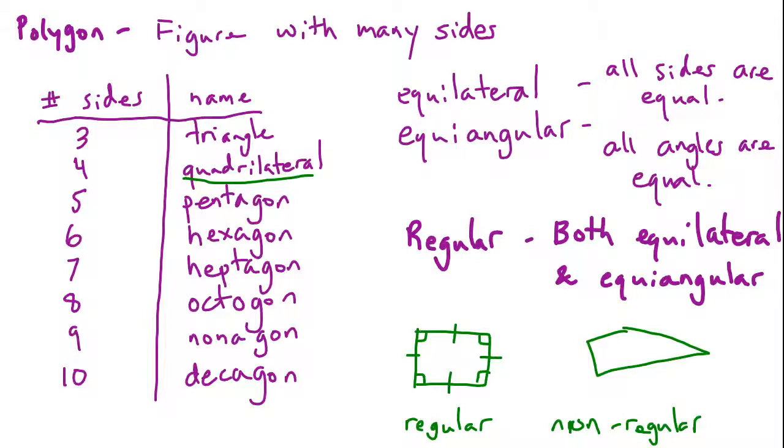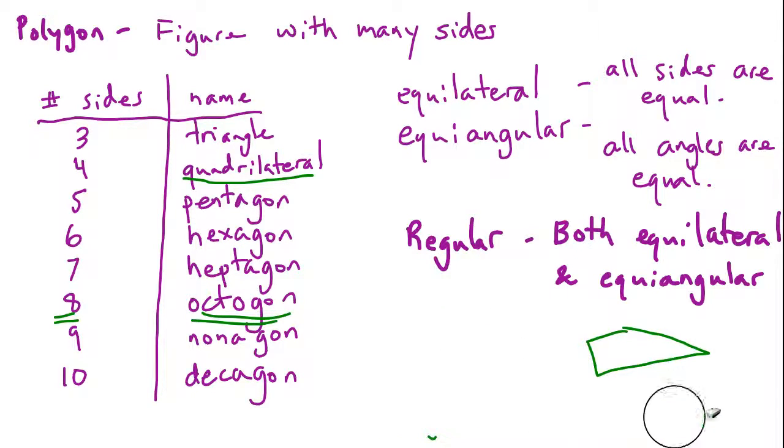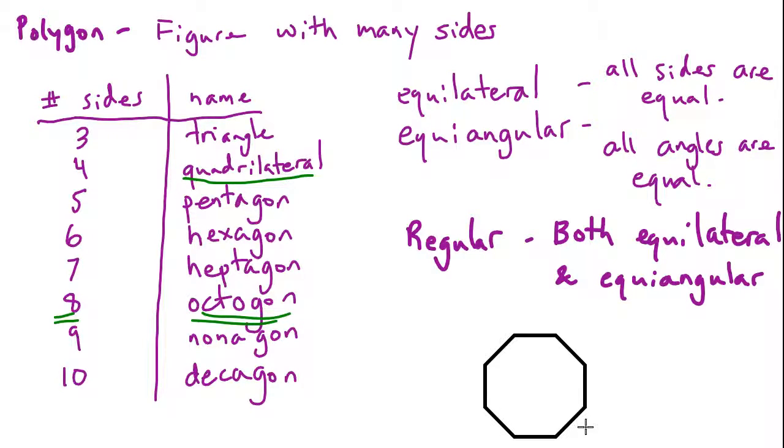Okay. Can you picture what a regular octagon would look like? Let's see if I can bring one up here. I'll erase this part. And I should just be able to bring this up, right? It's going to be 8 sides, right? And notice we could label this, right?